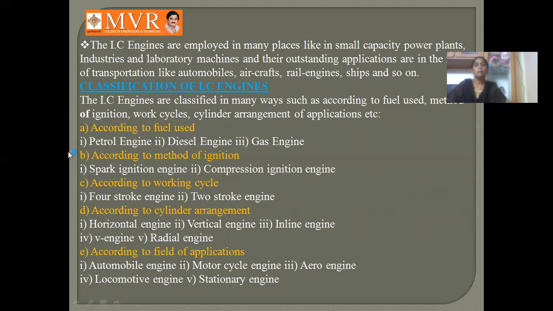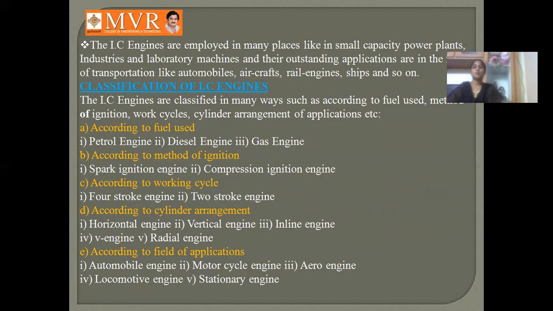Okay, the different types of classification of IC engines are as follows. First, according to the fuel used, either petrol, diesel, or gas engine. Next, according to the method of ignition, spark ignition or compression ignition, SI engine or CI engine.